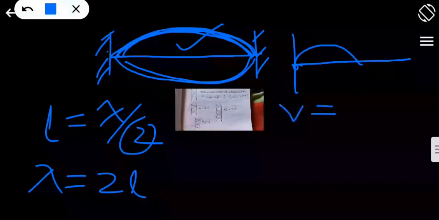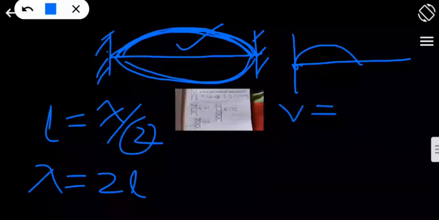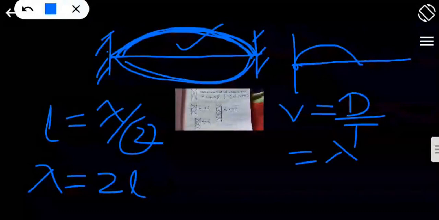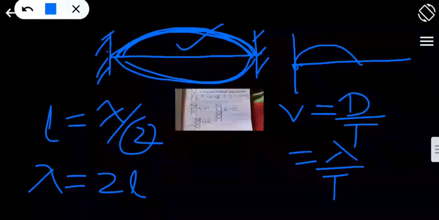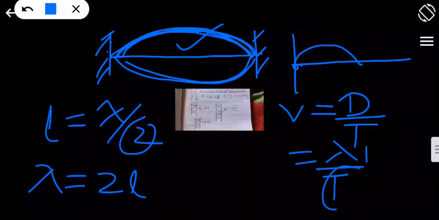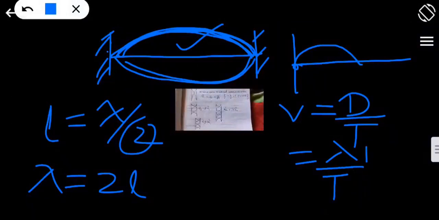What is V equal to? The velocity formula is distance over time. Distance is lambda, divided by time, that is 1 by t. This 1 by t is known as what? Frequency. So I can write it as lambda into nu.